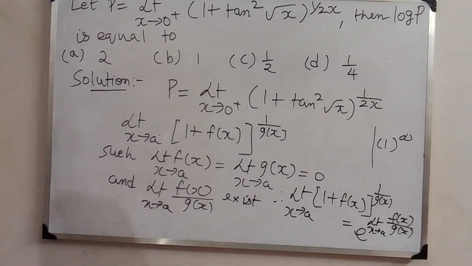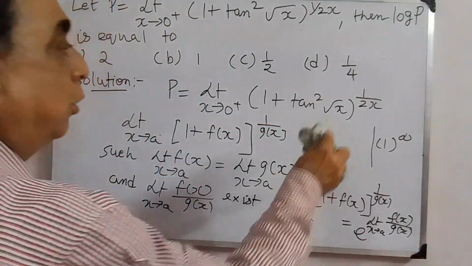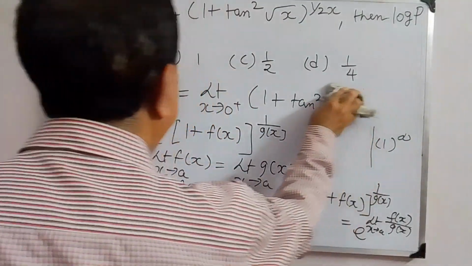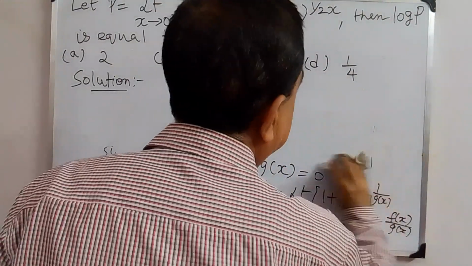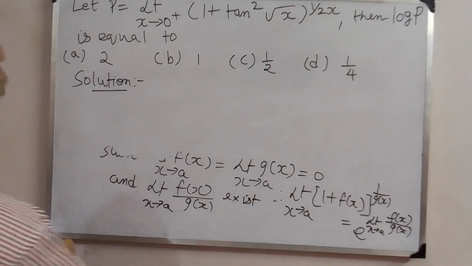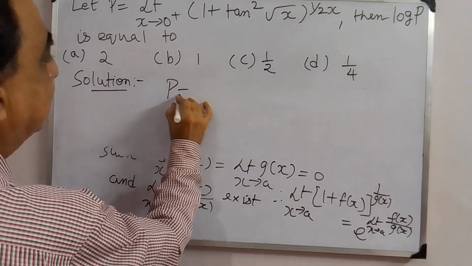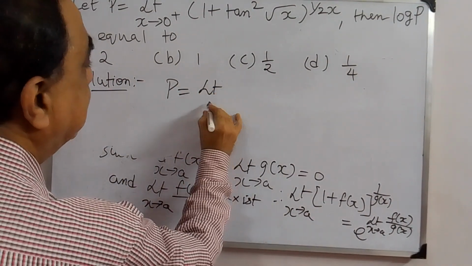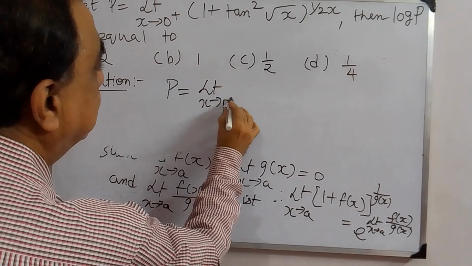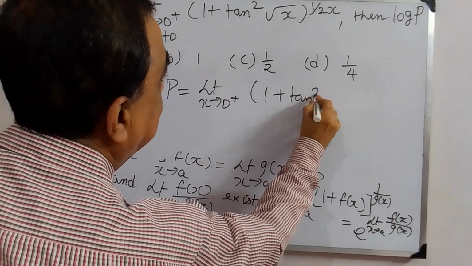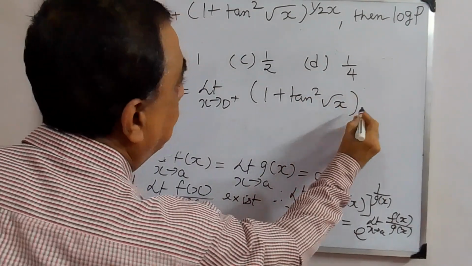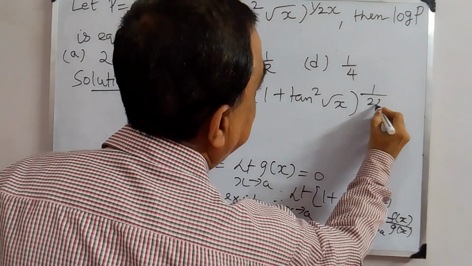We are applying this formula for the given limit. Here P is equal to limit x tends to 0 plus of (1 plus tan squared root x) whole to the power 1 by 2x.